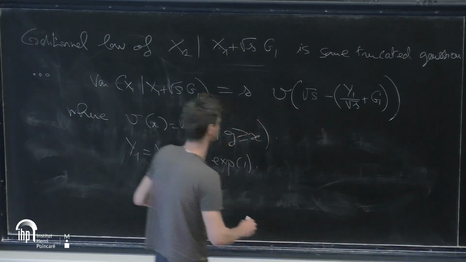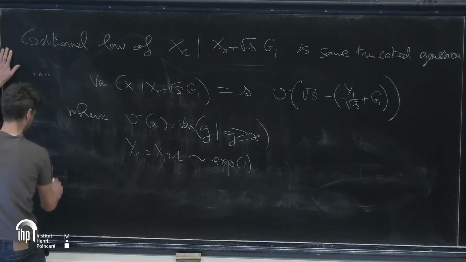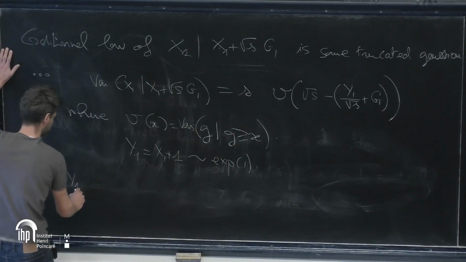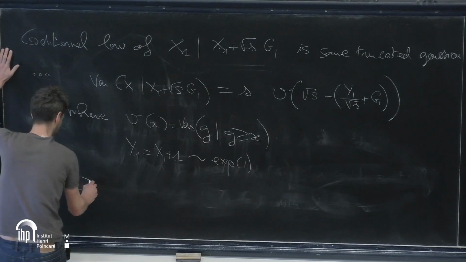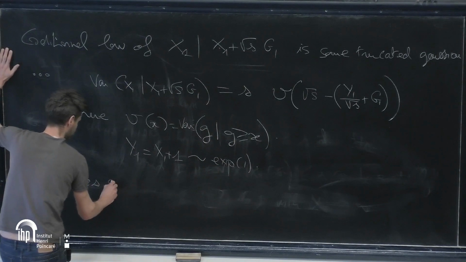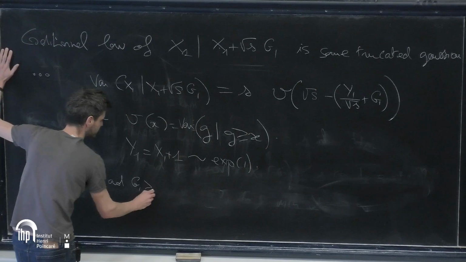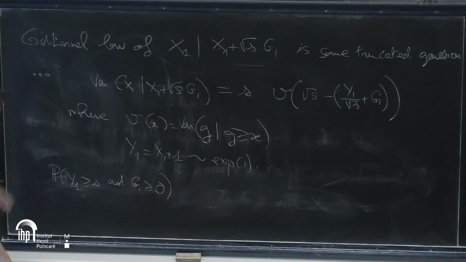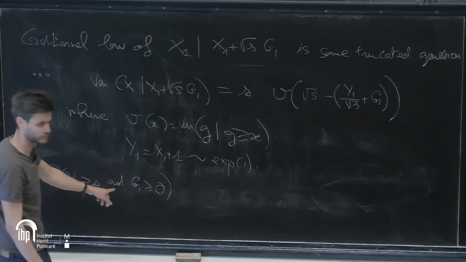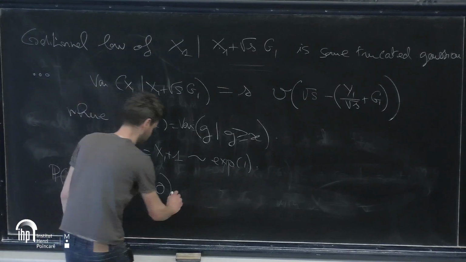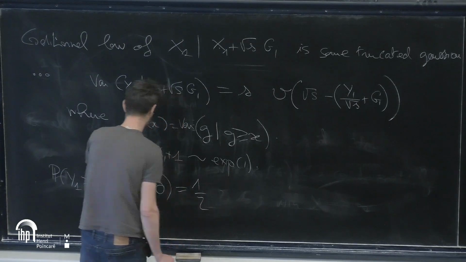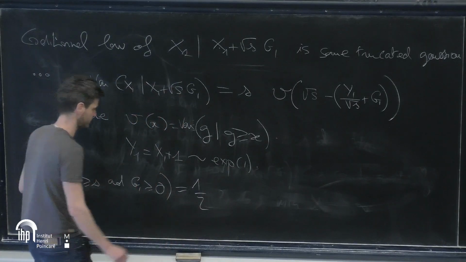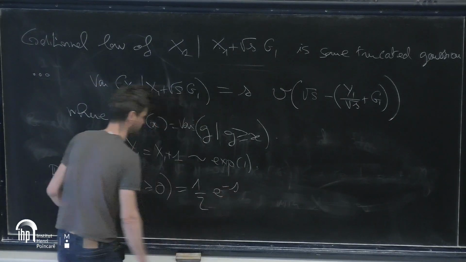Okay, so the probability that y1 is larger than s and g1 is larger than square root s is, well, zero will be good enough. These two are independent. So this is 1/2 for this guy, and this is exponential e minus s.